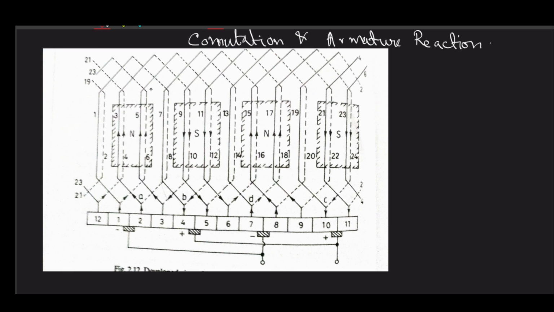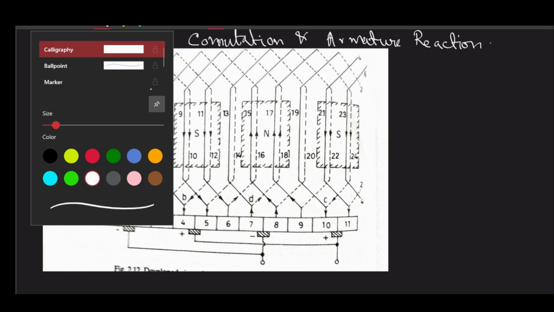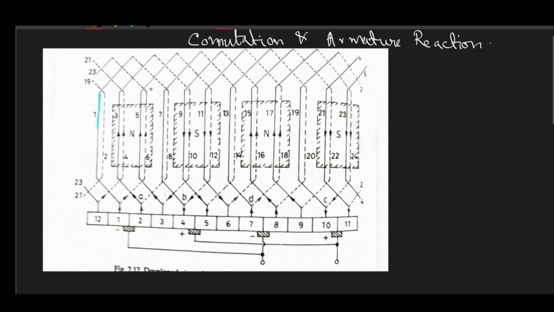But you can see here in this picture that we have a coil. This is one side of this coil, and another side of this coil is here, dashed because it is on the back side, so you are not able to see it.